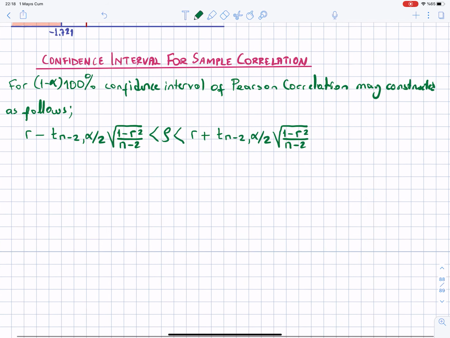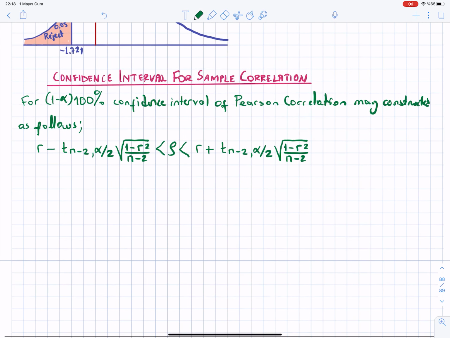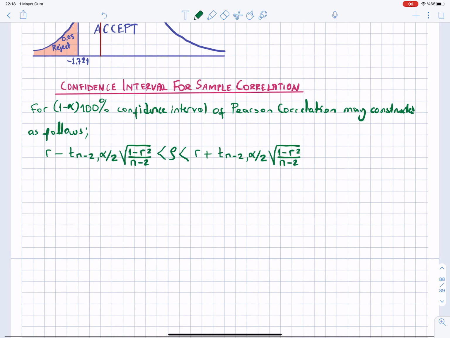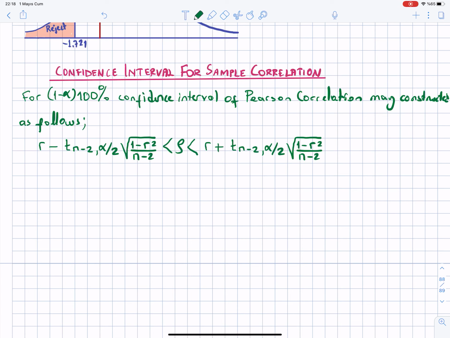This confidence interval can be confusing because the lower bound can sometimes be less than -1, and the upper bound can sometimes be greater than 1. In this case, if you get a lower bound less than -1, change it to -1.